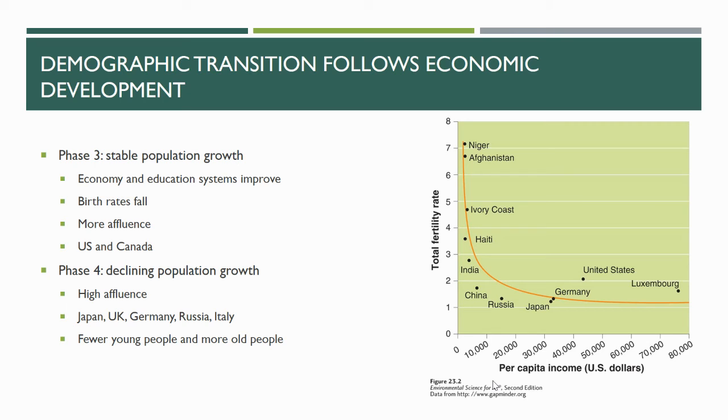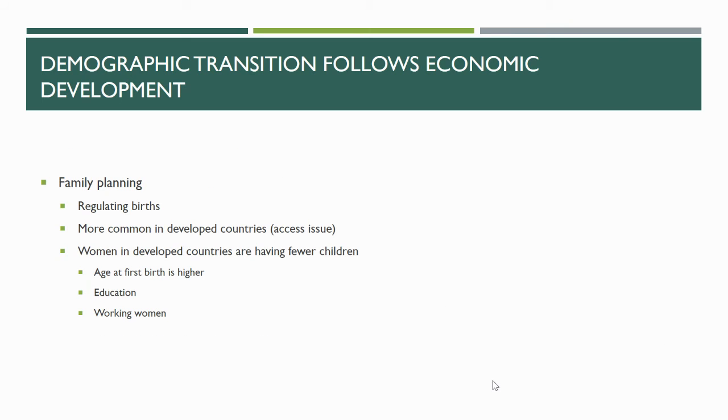And some of it is lack of access to resources, like birth control, which can keep births higher than it is in developed countries where it's quite easy to do some family planning or use birth control, and have the knowledge to be able to do that. So that has impacted TFR in a variety of developed countries. So that kind of ties into what we're talking about next, which is family planning, which is regulating births.